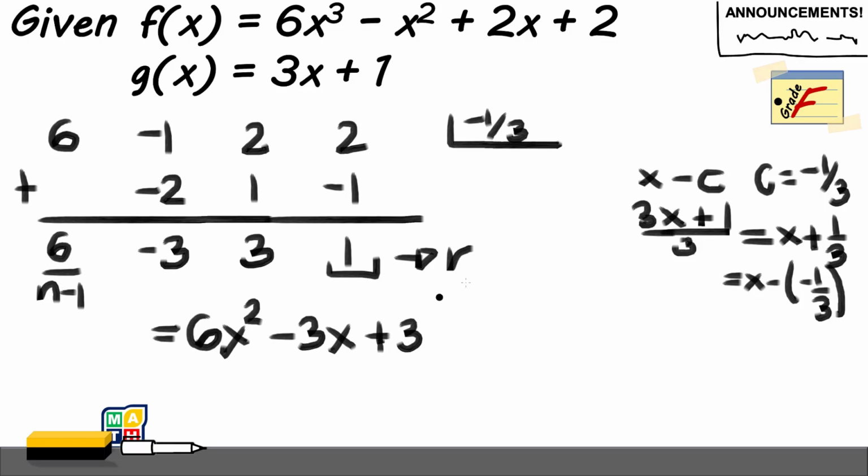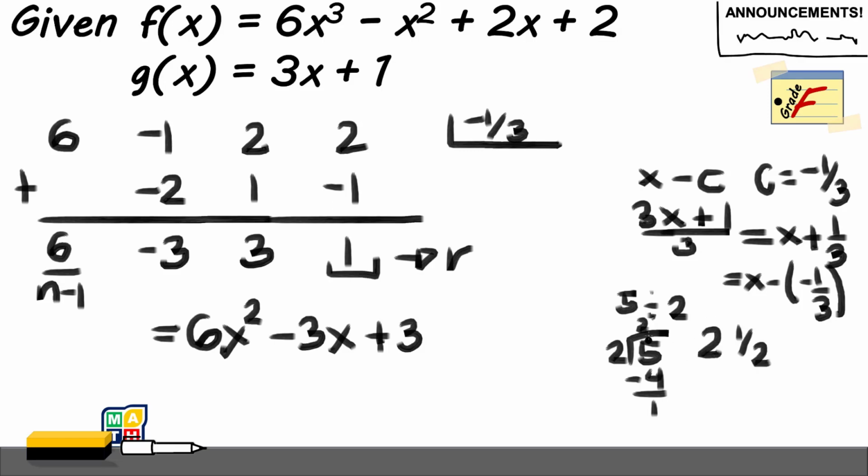But we are not yet done since we still have the remainder here. Let's use this concept. What if I have 5 divided by 2? So 5 divided by 2, you will have this process here, 5, and you have your 2 here. So your answer is 2, right? 2 times 2, 4. 5 minus 4, 1. Your answer to 5 over 2 or 5 halves can be written as 2 and 1 half, right?